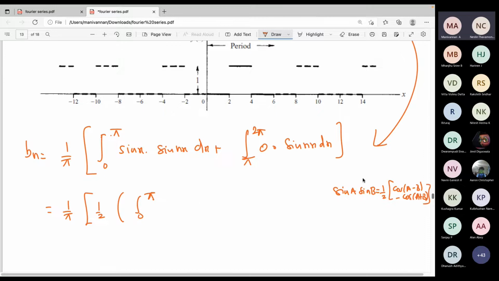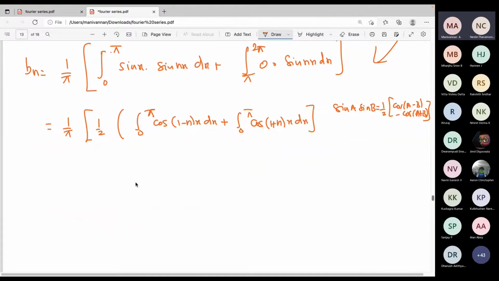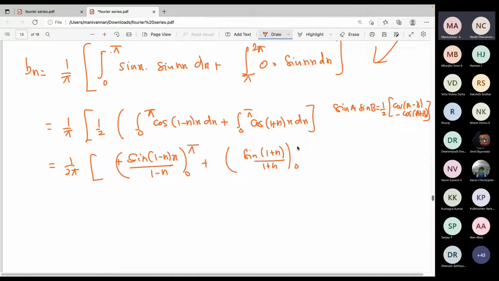If we use that, a minus b means cos of 1 minus n into x dx, minus cos of 1 plus n into x dx, from 0 to pi. Now it is 1 divided by 2 pi, sine of 1 minus n times x divided by 1 minus n, minus sine of 1 plus n times x divided by 1 plus n, limits from 0 to pi.